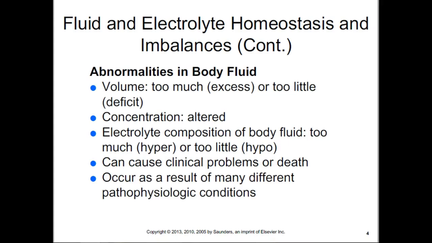All right, so some abnormalities in body fluid, right? If you have too much volume, hypervolemia, or too little volume, hypovolemia, these things can be problematic, right? So too much volume in your blood, for example, could lead you to edema, okay?